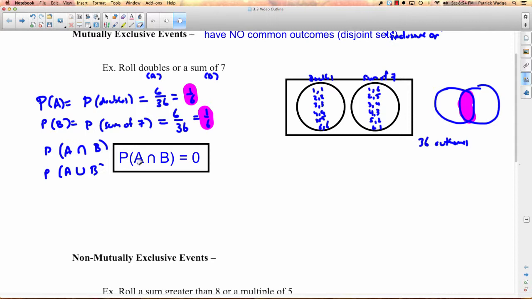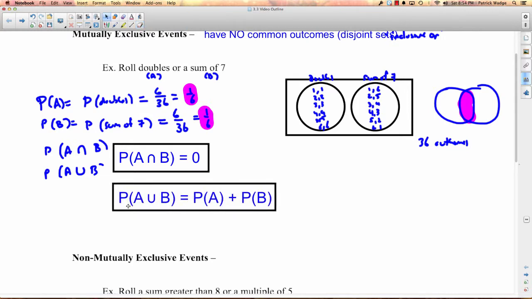And we actually already just wrote that. The probability of A intersecting B is 0. They don't intersect each other. There's no elements that are in both of those sets. And here's the other formula. The probability of A or B is just equal to the probability of A plus the probability of B. This is only for mutually exclusive events.